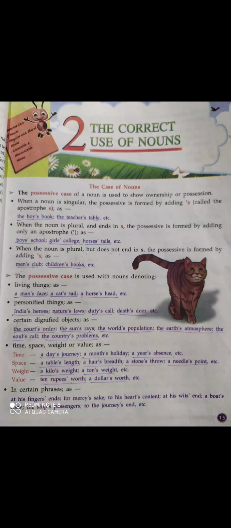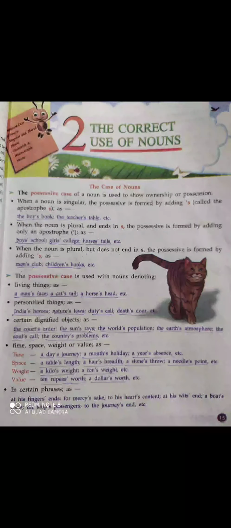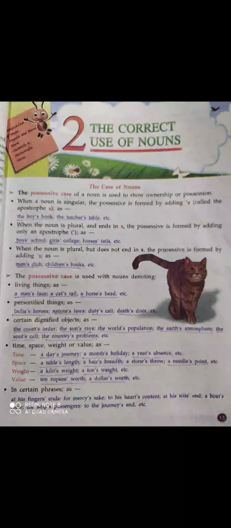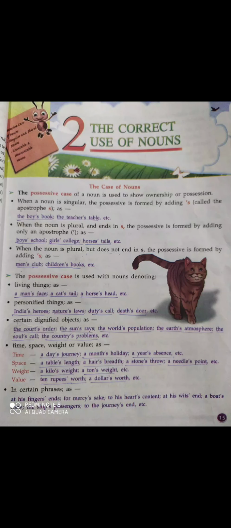So with table, hair, stone and needle, with them also the possessive case is used, because they are inanimate objects, table, hair or stone. Here it means there is too little space. So with these inanimate objects also the possessive case or apostrophe s is used.